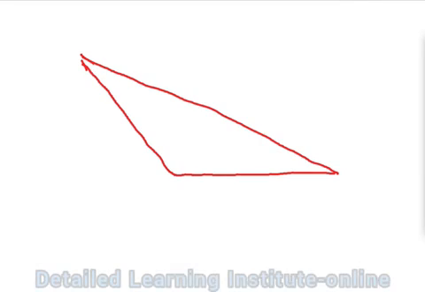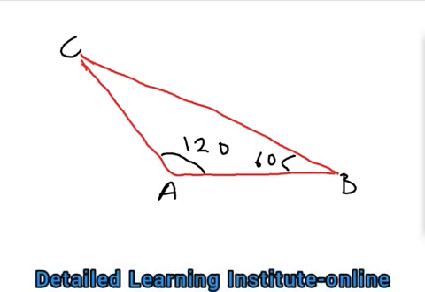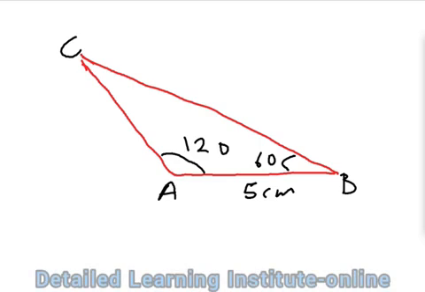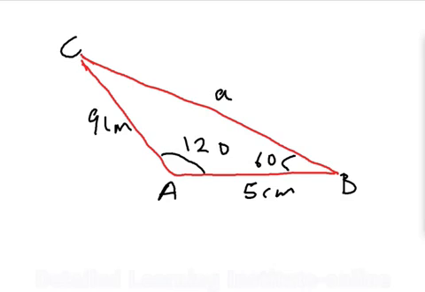Now let's assume you are given this angle to be 120, this angle to be 60 degrees, you were not given the other angle, and then you were given this side to be A, this B, and this to be C, and then this side to be 5 cm, and this other side to be 9 cm, but you were not given side A, and you are expected to find side A. Question: can you use cosine rule here, or can you use sine rule? By inspection, let's find out.